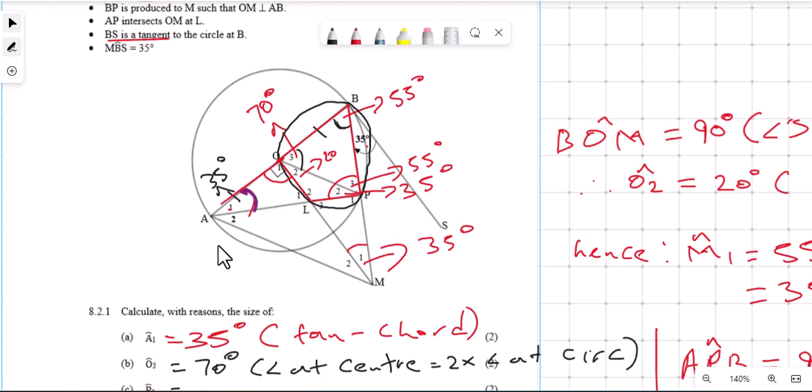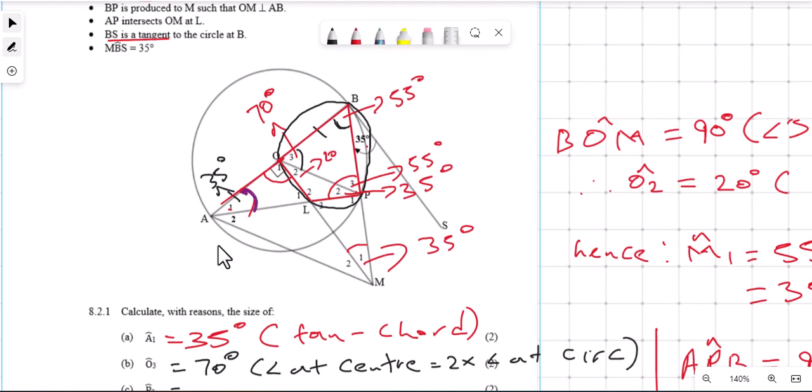They add together to give us 90. And then 70 and 20 also give us 90. When we add O3 and O2, which lines are we talking about? OM and BS.